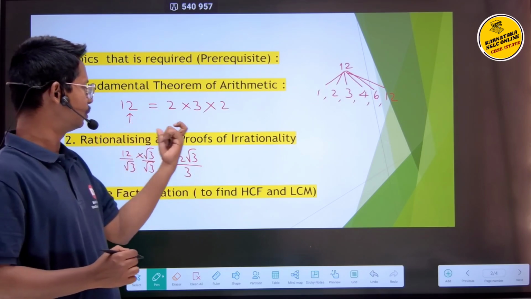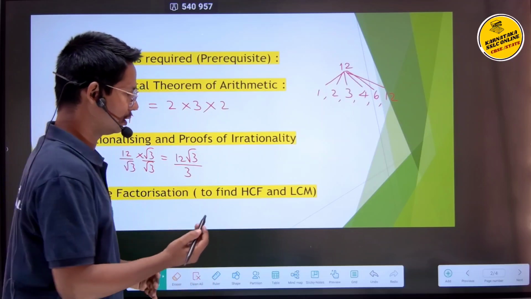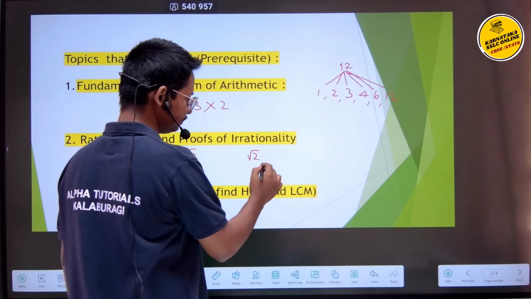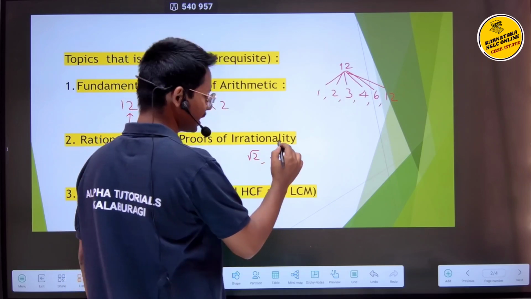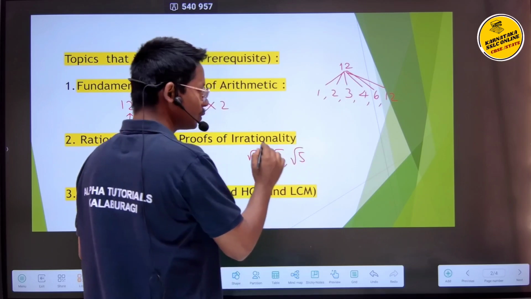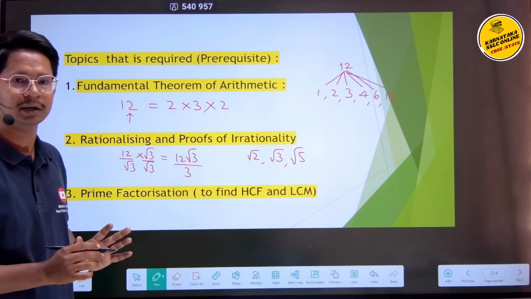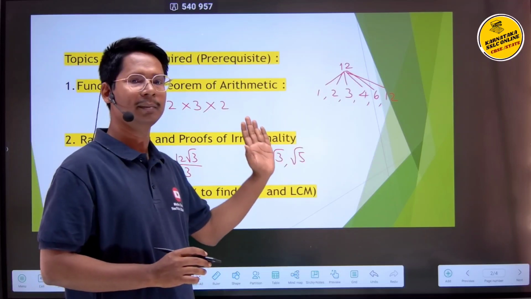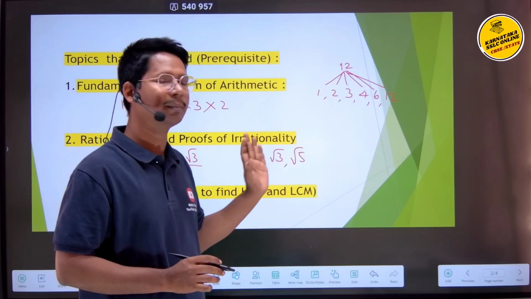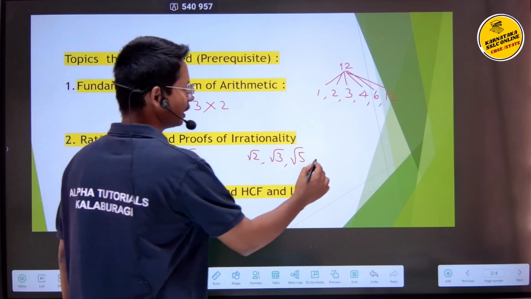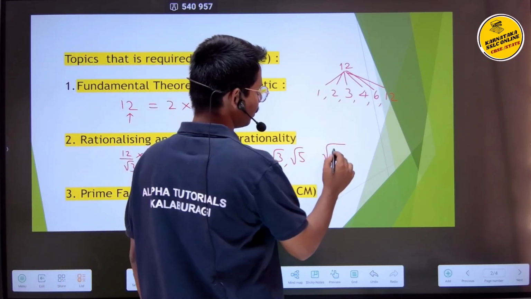And you also need to know proofs of irrationality, like how to prove root 2 is irrational, root 3 as irrational number, root 5 as irrational number. Okay, so root of any prime number is considered to be irrational. Root of any prime number or multiplication of prime numbers is also considered to be an irrational number. Suppose if I take root of 12.